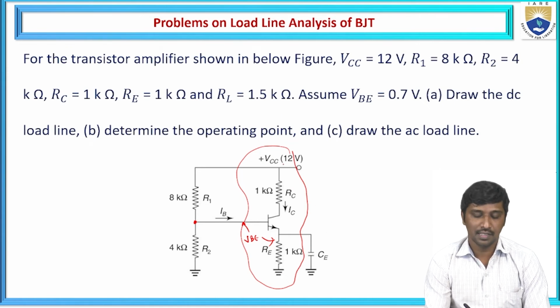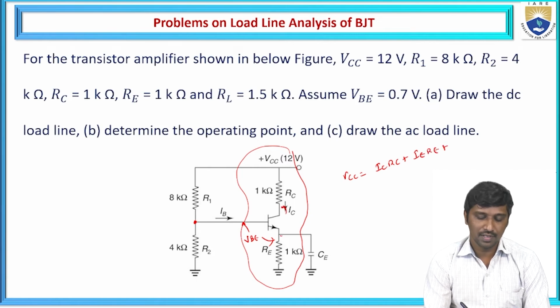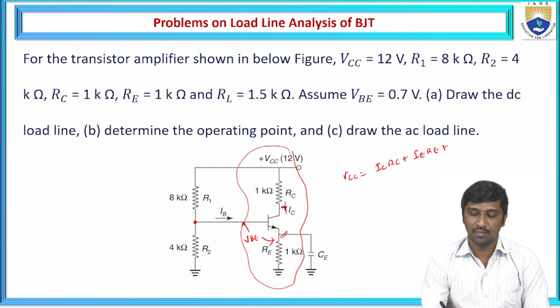So VCC is equal to the voltage drop across the collector resistance plus the voltage drop across the emitter resistance. If you consider that, VCC is equal to IC times RC plus IE times RE, along with the potential difference between the collector and emitter, represented as VCE.